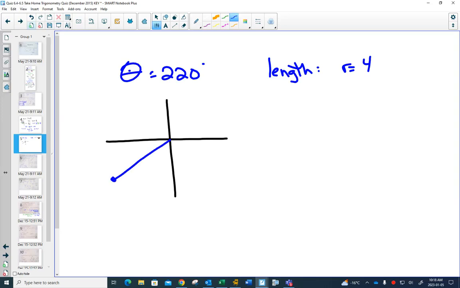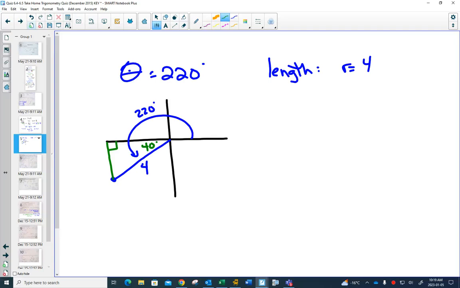I know that this length is 4. And this angle here is 220 degrees. Well, I can draw this back to the nearest x-axis and make a triangle, the right angle. I would know that in this triangle, my reference angle is 40 degrees.